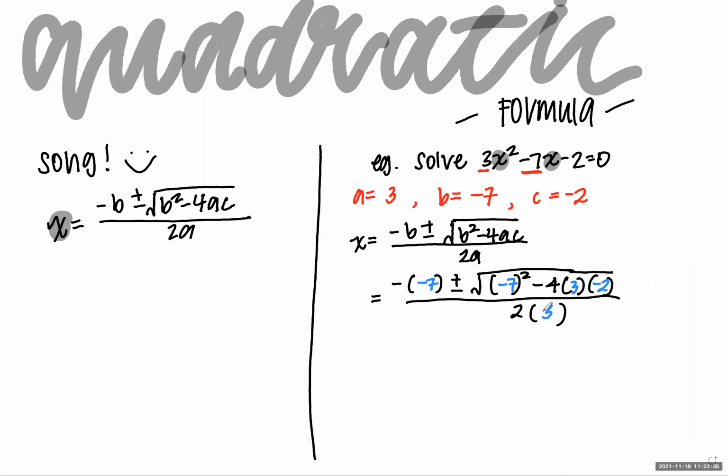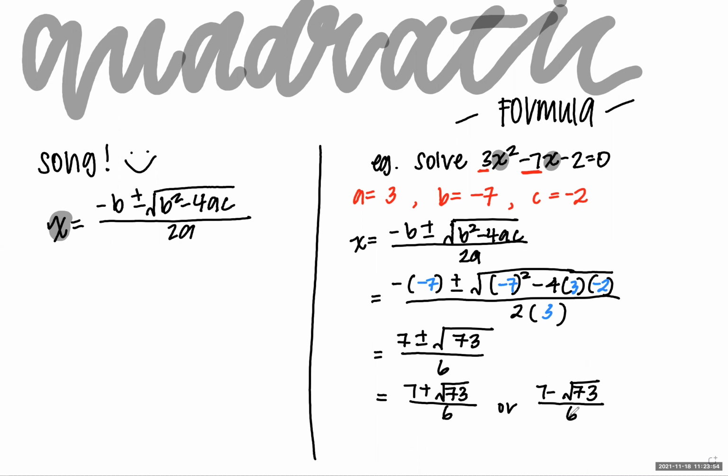Right now, we're going to do it slowly because negative and negative give me positive. So it's +7 square root. Now put this whole thing into your calculator and see whether you get the same answer as me. If you do it carefully, you should get 73. Now, because of this plus minus, we're going to split it. So it means 7 plus square root 73 over 6, or 7 minus square root of 73 over 6.